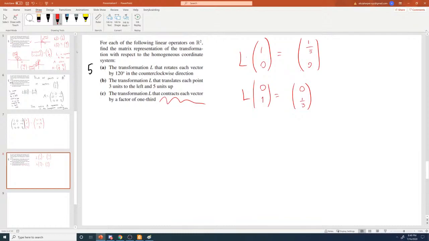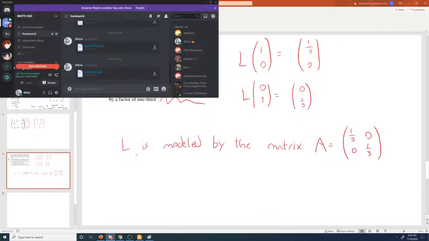We can say L is modeled by the matrix A equals 1/3 here, 0 here, 0 here, and 1/3 here. So C is definitely the easiest part of this problem.